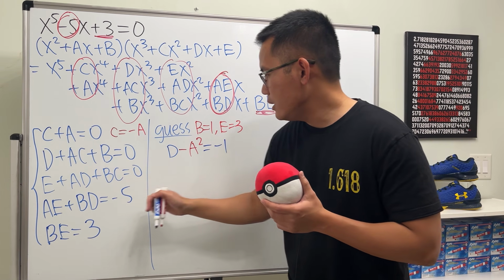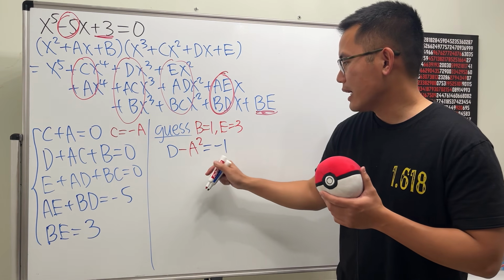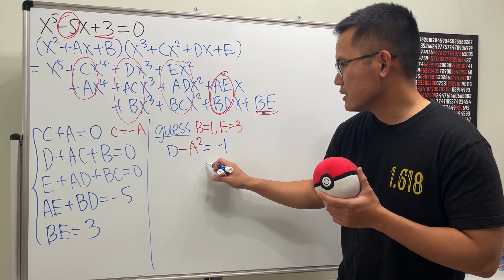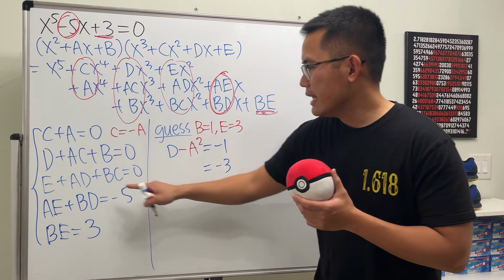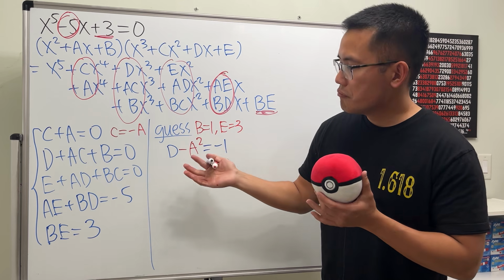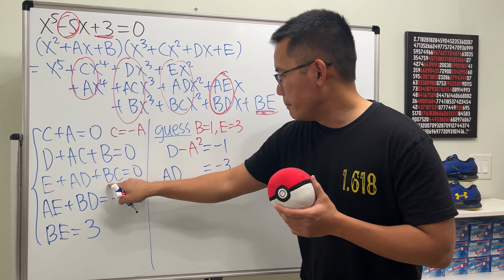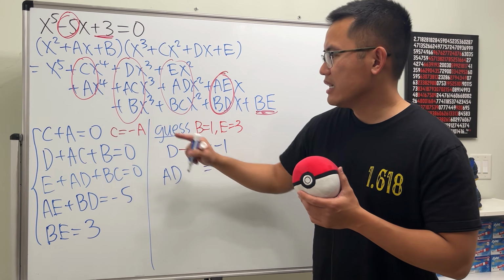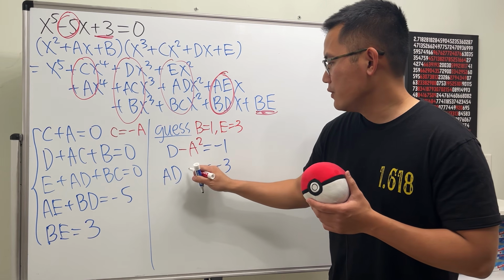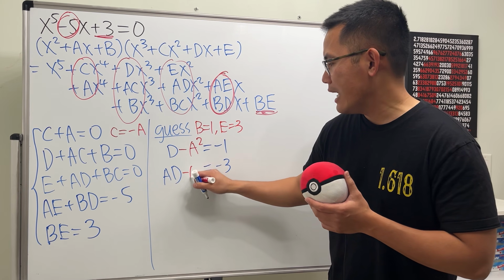Put 3 into e, and let's put that to the other side, so that should give us negative 3, and then a, don't know, d, don't know, so we have ad, and then b is 1, c is negative a, so this right here will give us minus a.